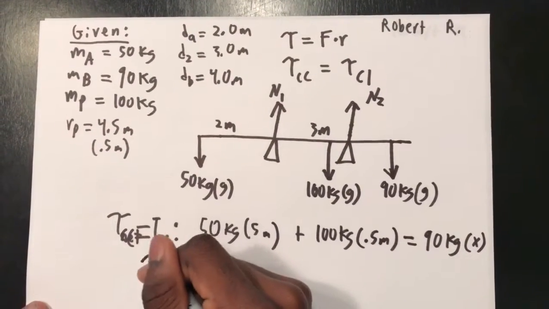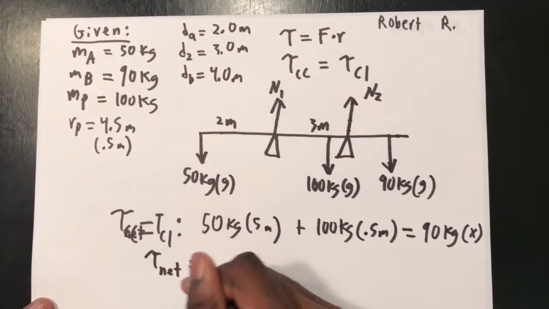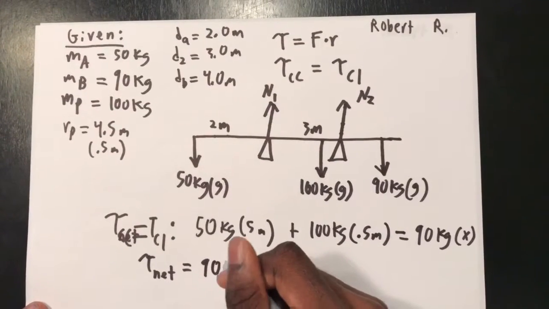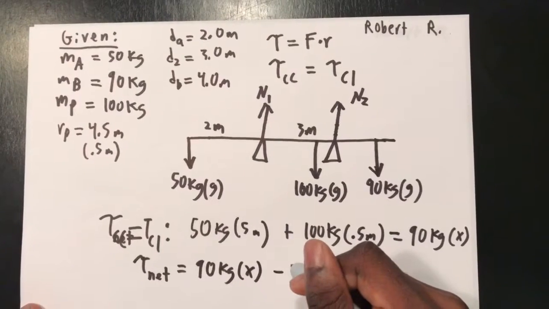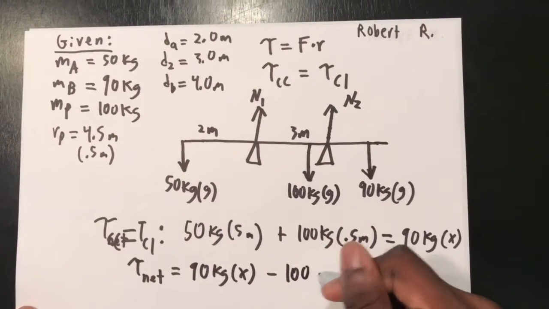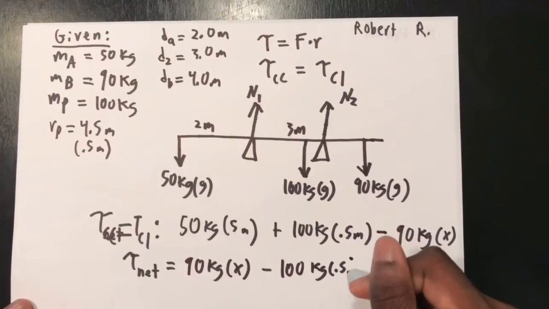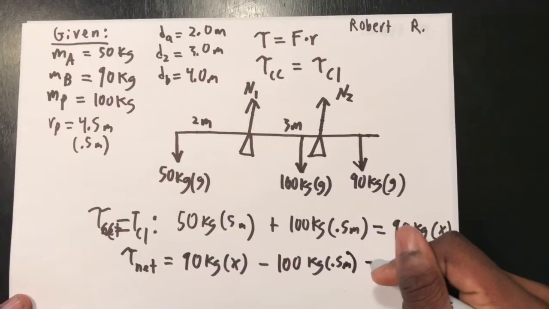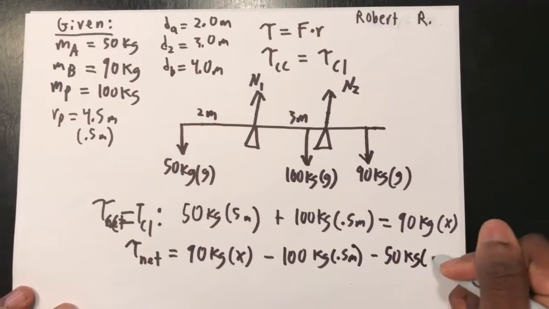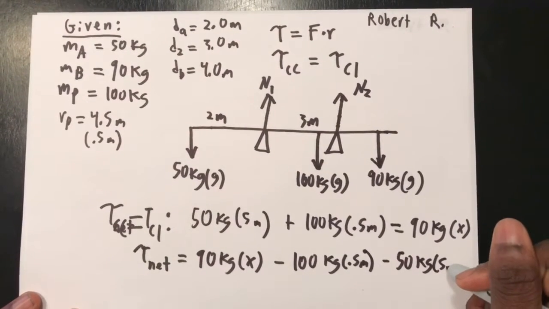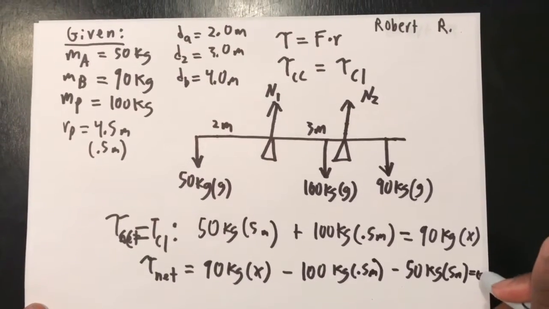Now, the net torque is going to be equal to 90 kilograms times x minus 100 kilograms times 0.5 meters minus 50 kilograms times 5 meters, which is equal to 0.